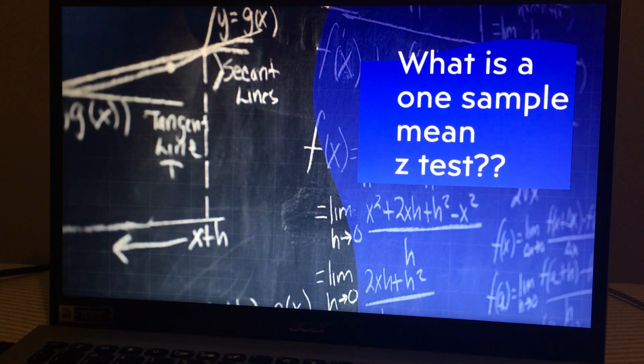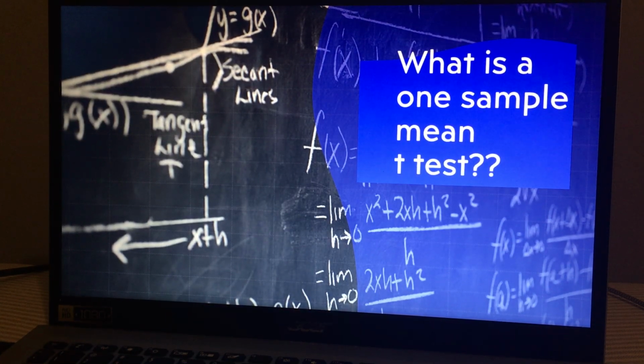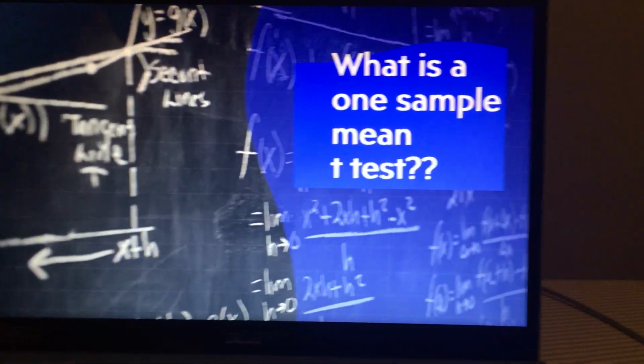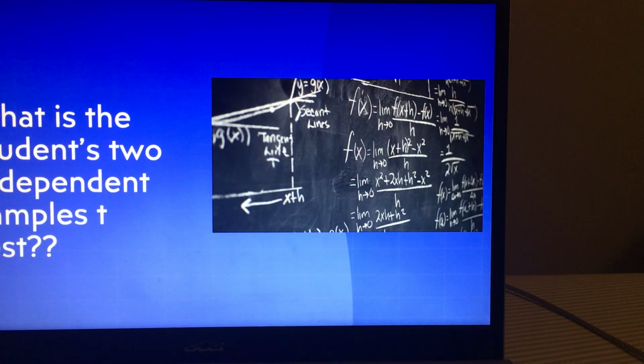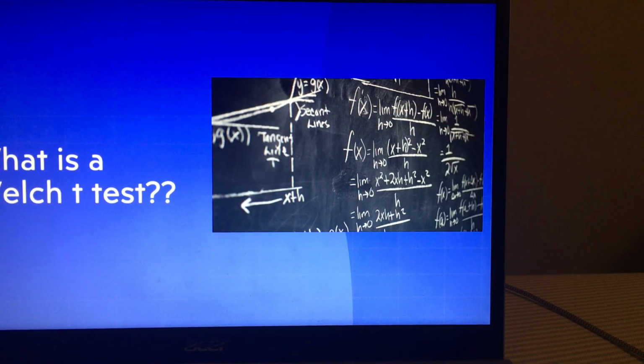The one sample mean t-test, we went over the two independent samples t-test, the student t-test, as well as the Welch test.